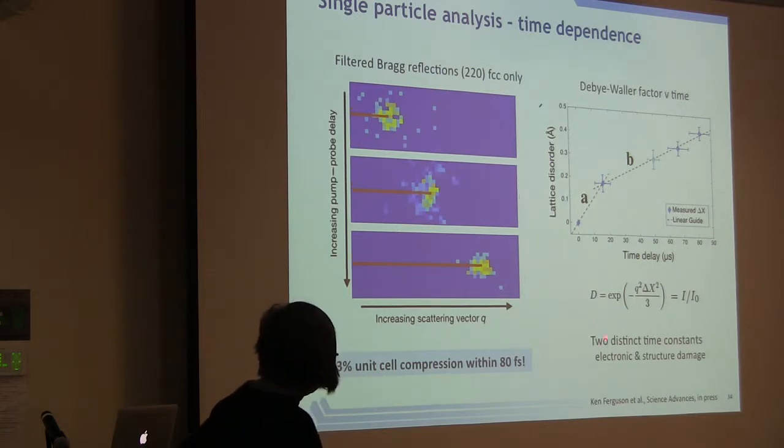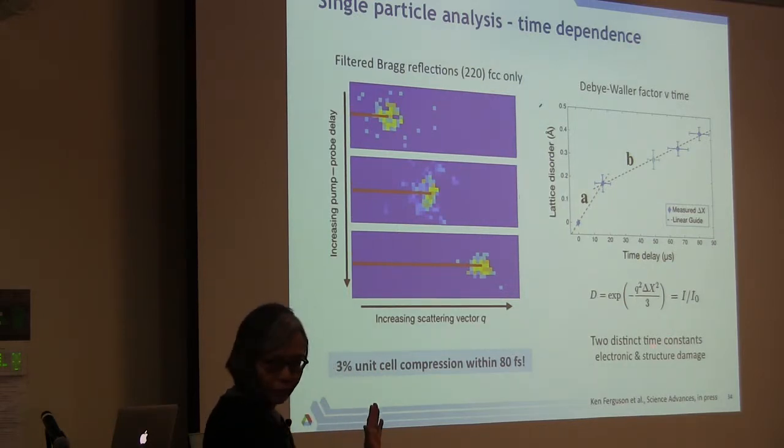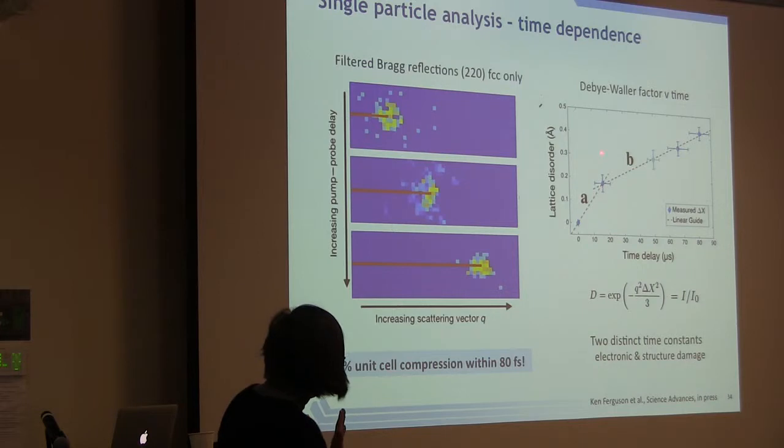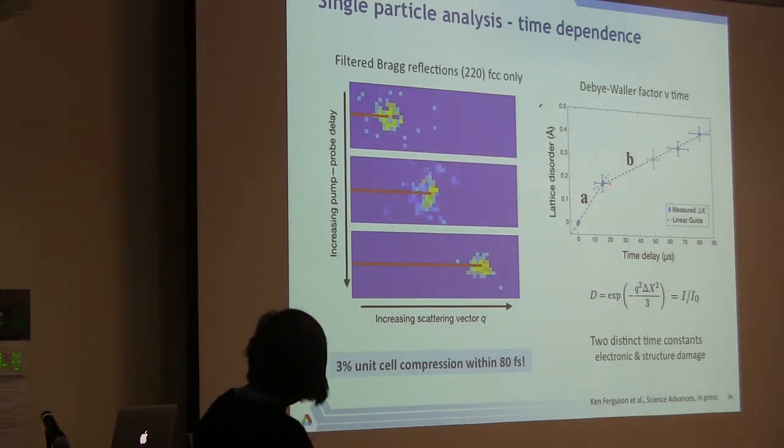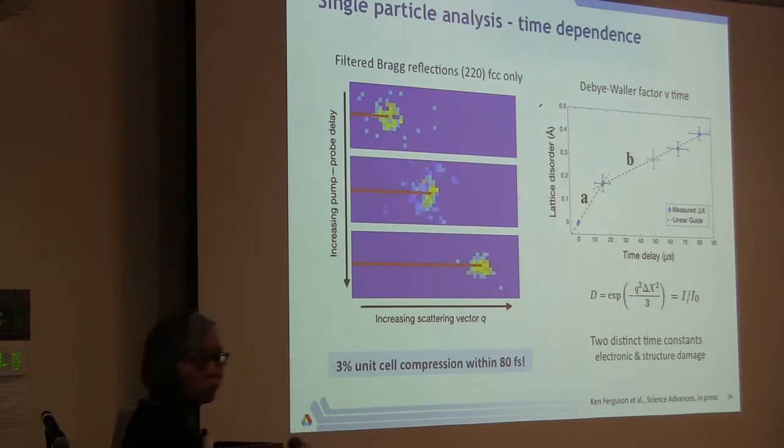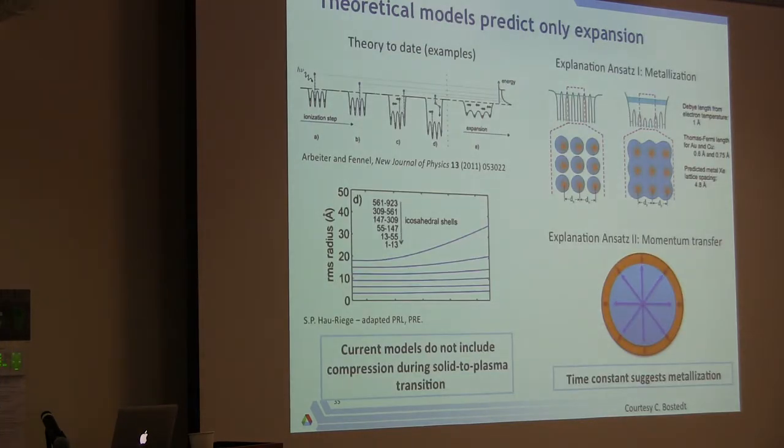And so there are sort of two distinct time constants as the interpretation, right? There's this initial fast electronic damage, and then there's something else that is structural damage, or something happening to the cluster.